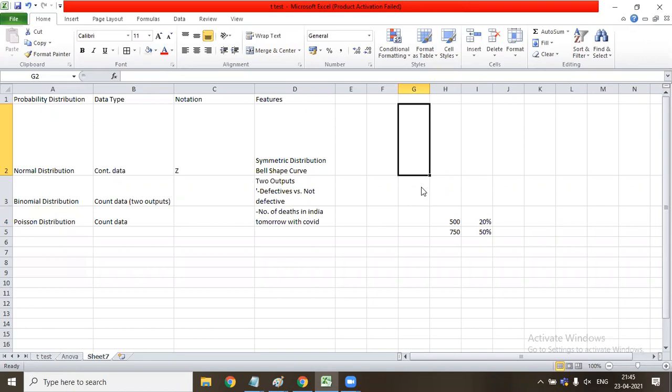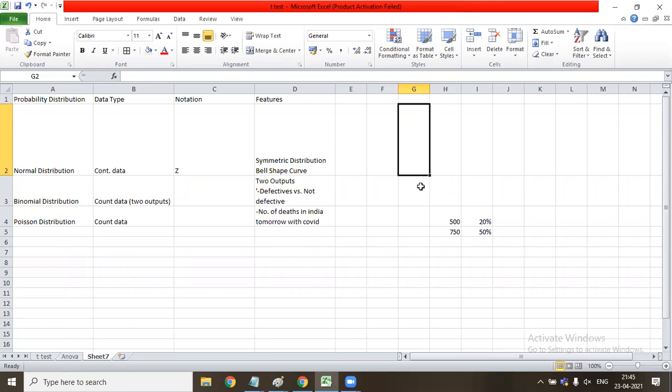Okay. So whenever we need to calculate the probability with respect to continuous data, the example which I have taken is we have been taking admissions for the Indian Army. So I have been judging the height and the weight of the candidates who are coming.